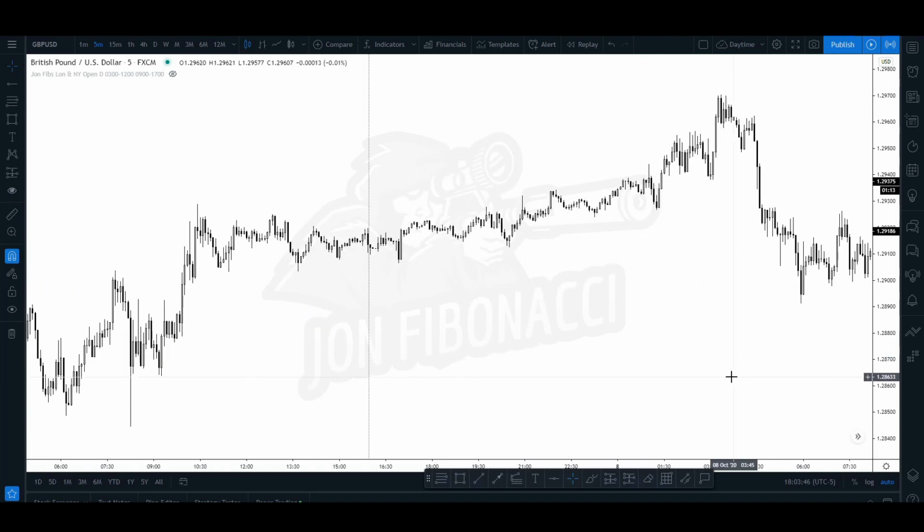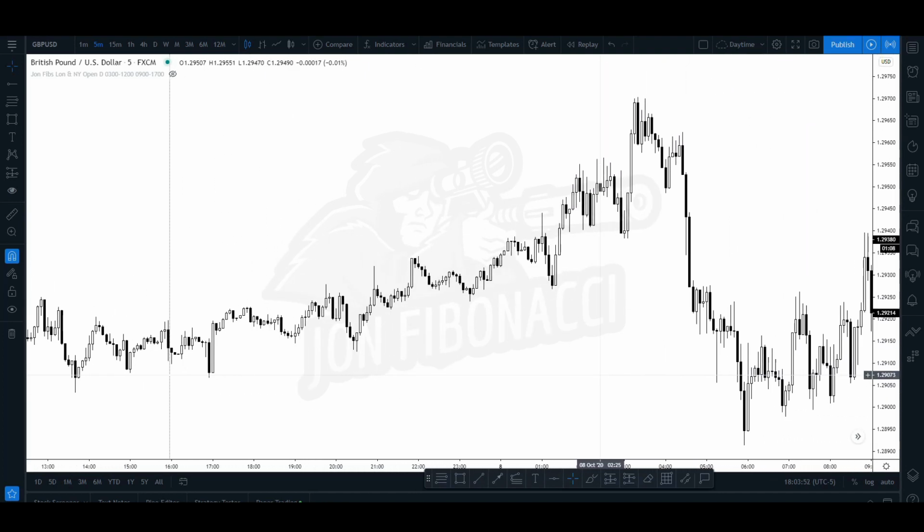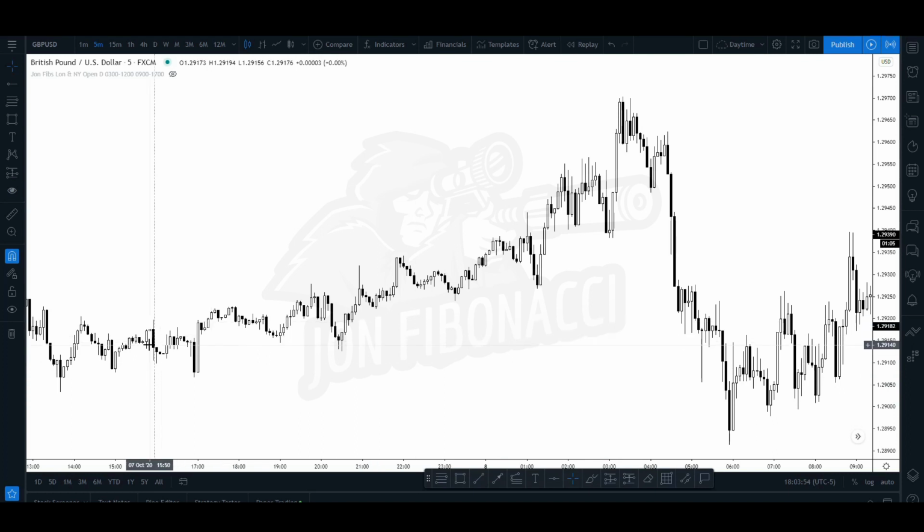If we notice the market from yesterday's close pretty much all the way until about an hour and a half after London, British pound was on an uptrend, but I was actually looking for shorts. Believe it or not, I did set a pending order on EURUSD, and I didn't get filled, and I missed out. So there you go. But nonetheless, British pound did give us some pretty unique opportunities, and we'll get into that in just a second.